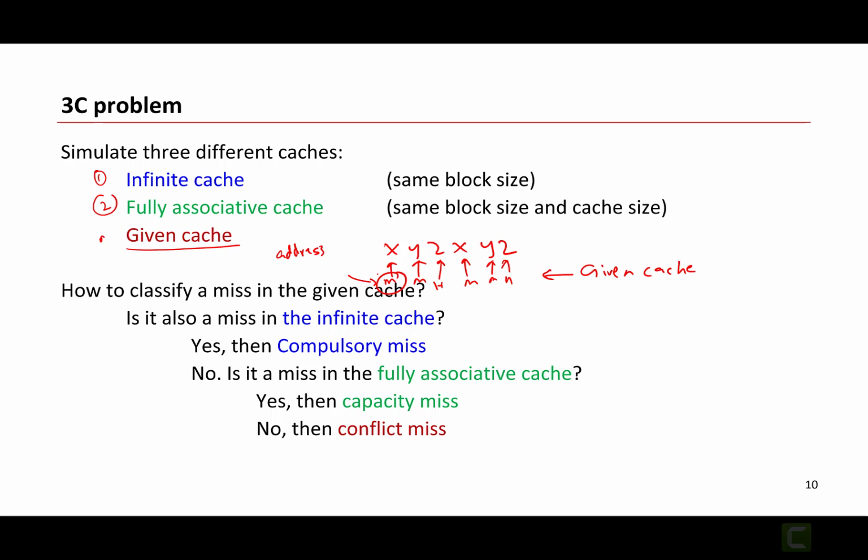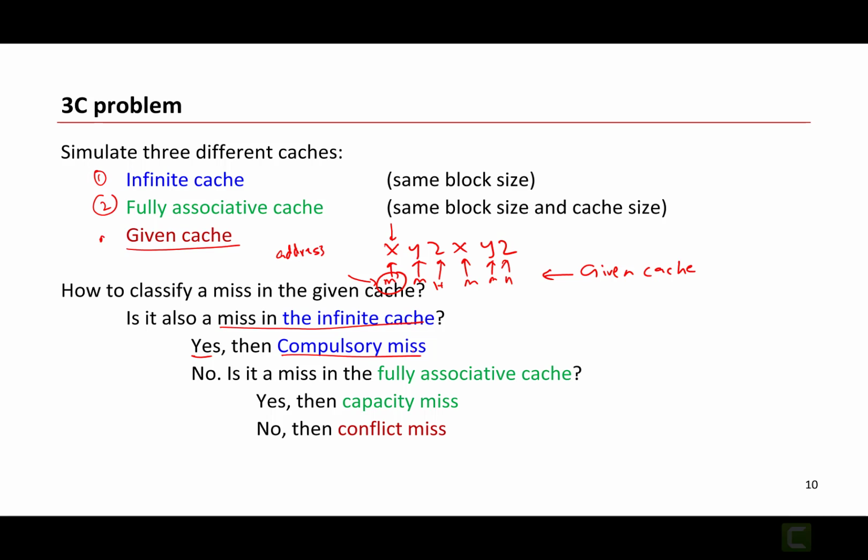And to answer that question, the first thing you need to find out is: is this miss for a given address also a miss in the infinite cache? And if the answer is yes, then you would say it's a compulsory miss.